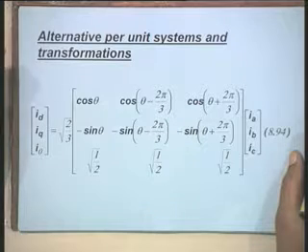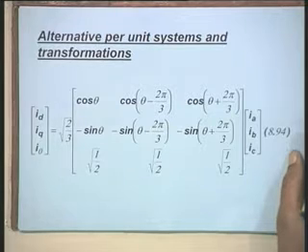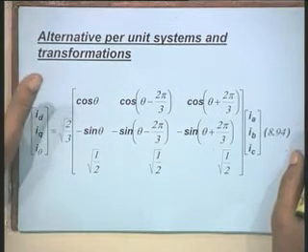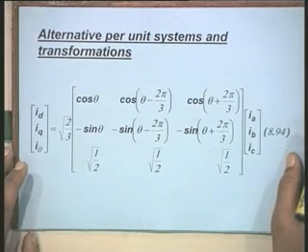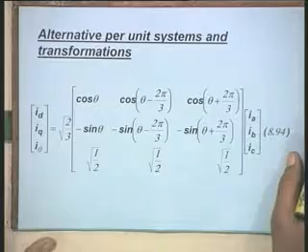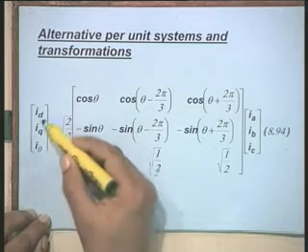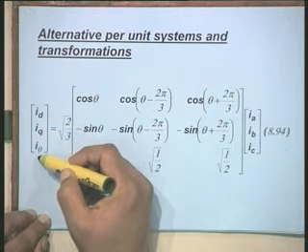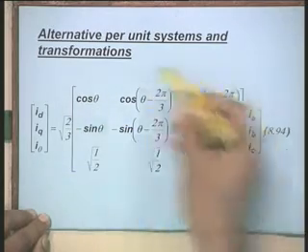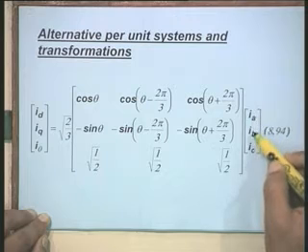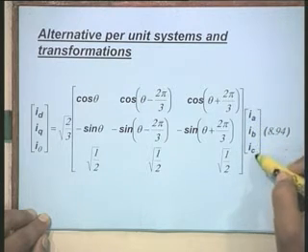I will just mention briefly alternative per unit systems and transformations. That is, the DQO transformation which we discussed till now, and another form of DQO transformation which has been discussed in the literature and also used by some people. Here the DQO quantities are expressed in terms of this transformation matrix into the phase variables IA, IB and IC.